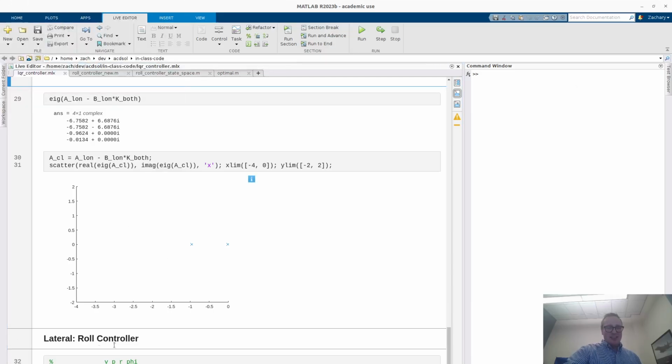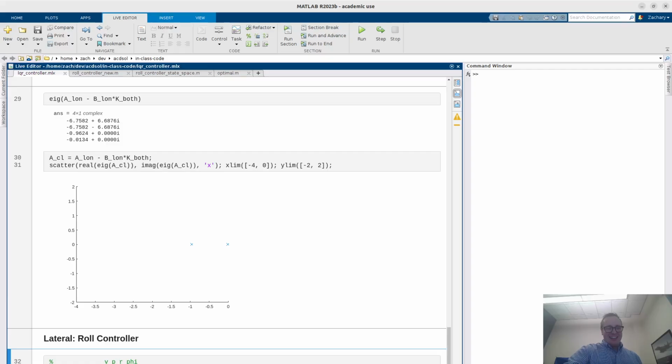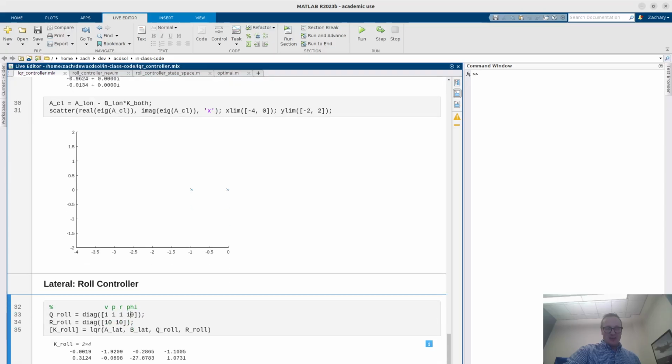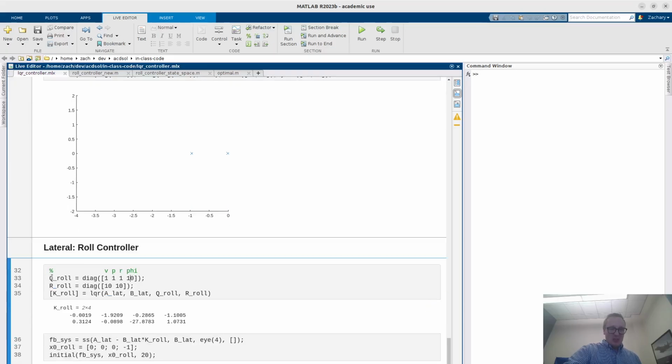This whole process, if we want to design a roll controller, can be done in these 3 lines of code. So we choose our Q penalties: we care most about phi, the roll angle, but we also care about R, P, and V not being too large.